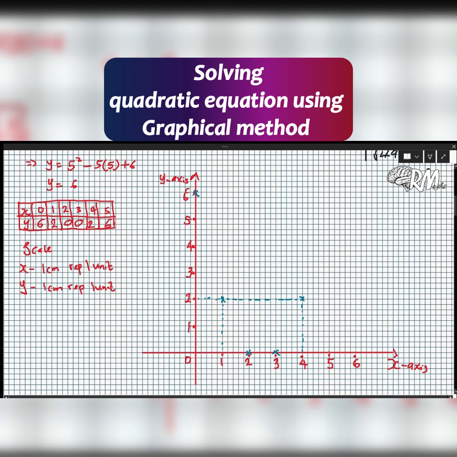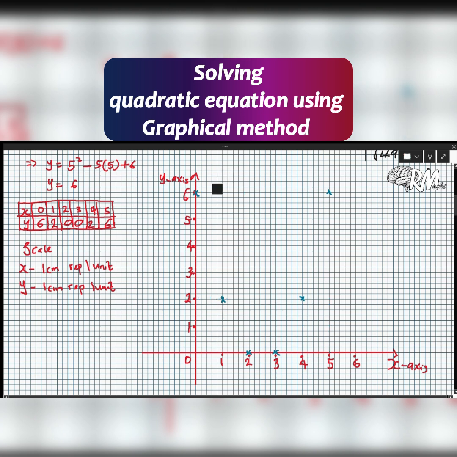So x is 5 here, y is 6, so it's all the way up to this side, if I'm correct. If you trace it, you can see that it's a straight line. And if I trace here too, I can see that it's a straight line. So this is where the both of them meet.